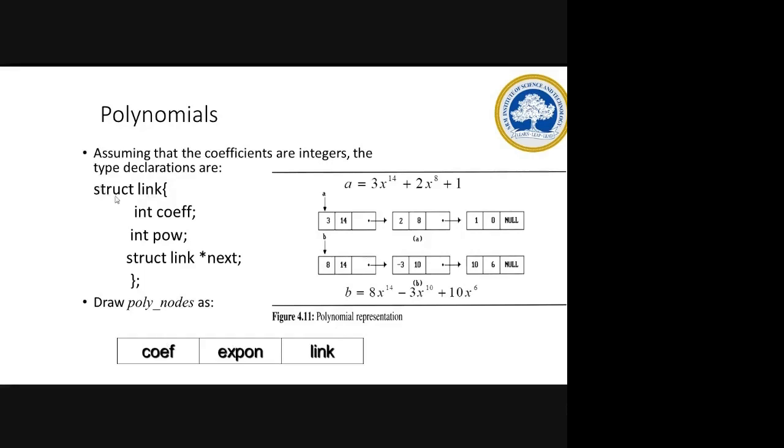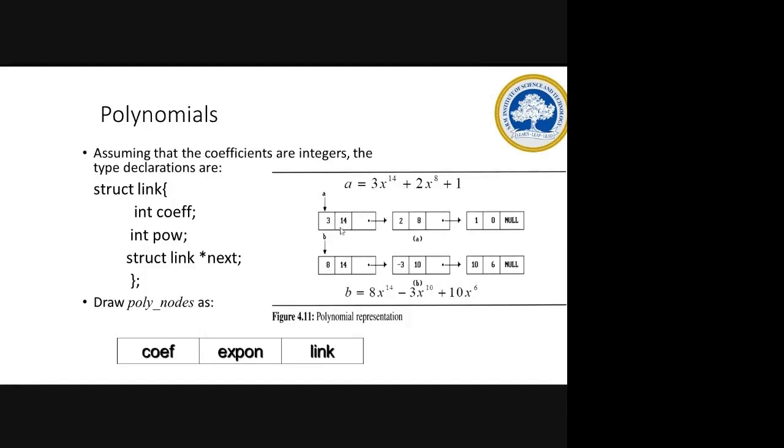Now you see here struct link. We have coefficient as an integer value, power as an integer value, and next is the address where we are going to get the next element where it is stored. So here there are 2 polynomials. Here A is 3x power 14, 2x power 8 plus 1. So A will be 3, that is the coefficient stored here.